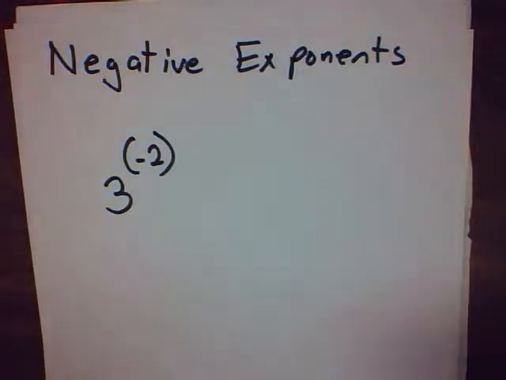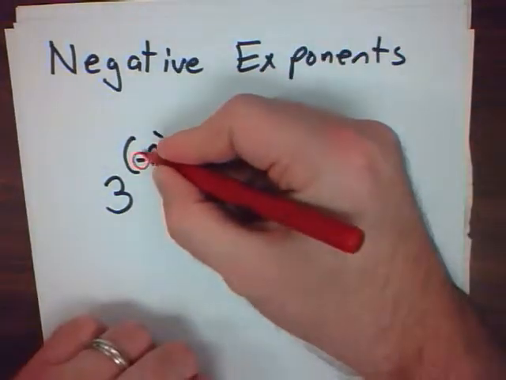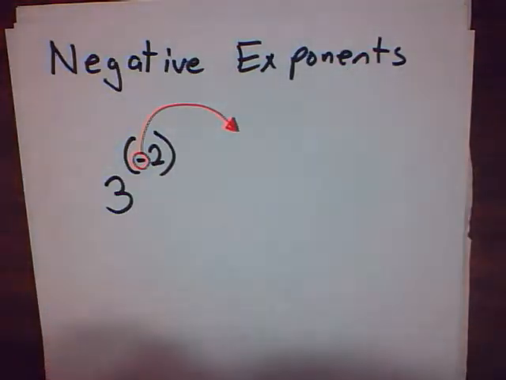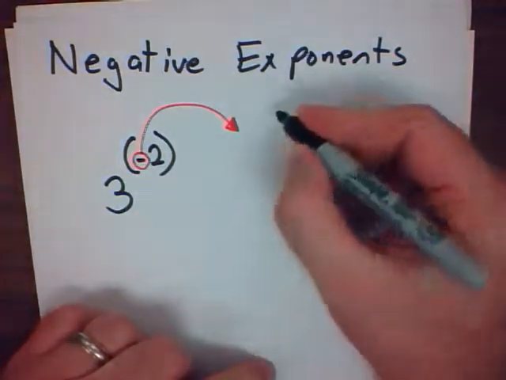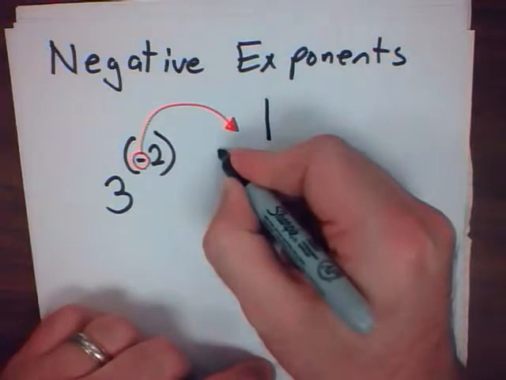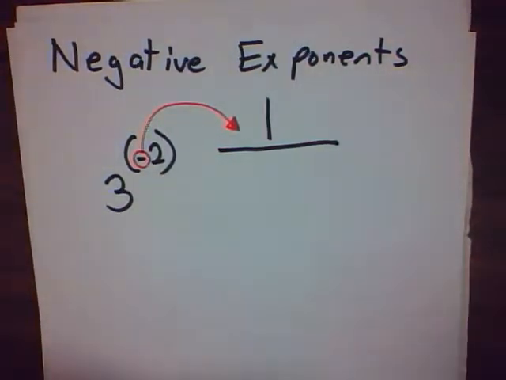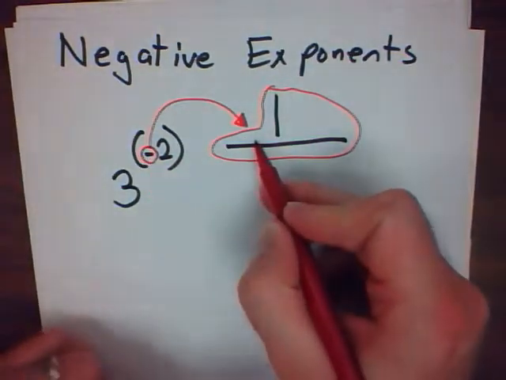Here is one way to think of it. This little symbol here means one thing. It tells you that it's a fraction. I'm going to replace that little negative sign with the fact that it's a 1 and a fraction bar. These two are the same thing.